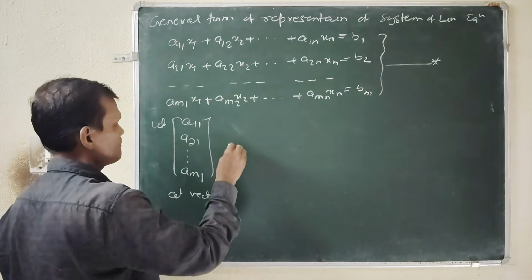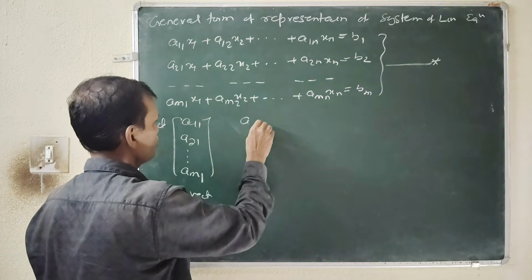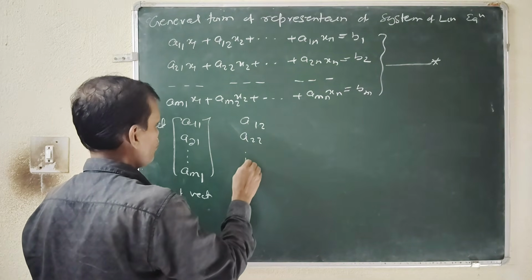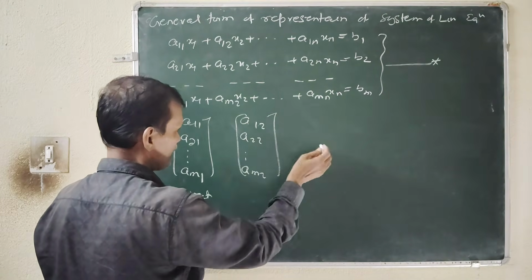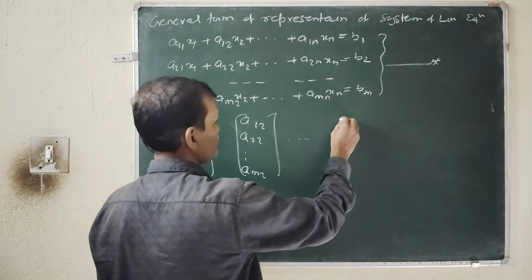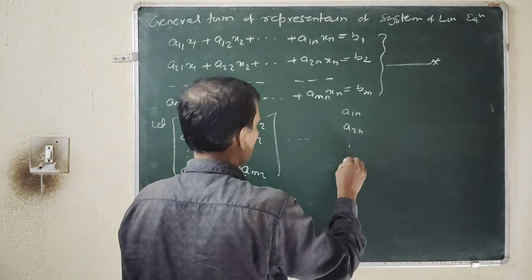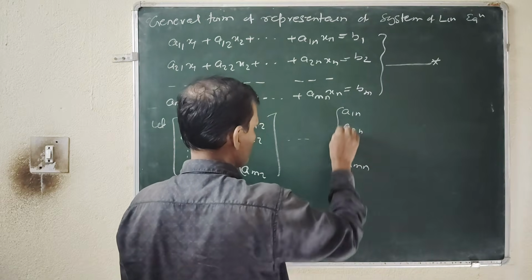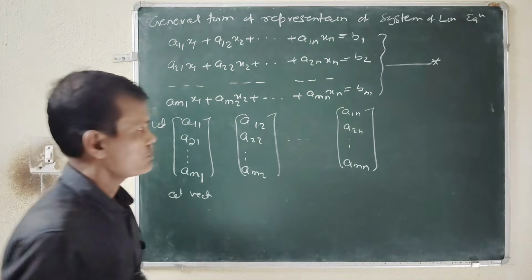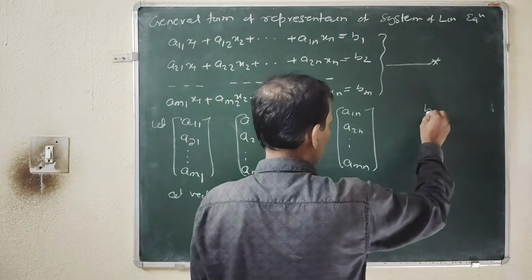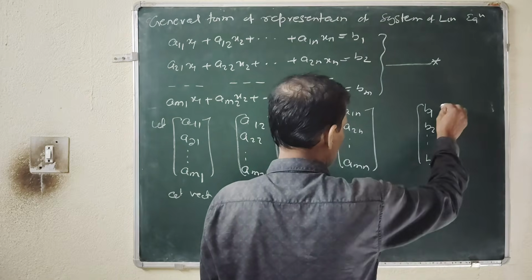Similarly a12, a22 up to am2 is also a column vector. Like that we can consider a1n, a2n up to amn as a column vector, and also b1, b2 up to bm as a column vector.